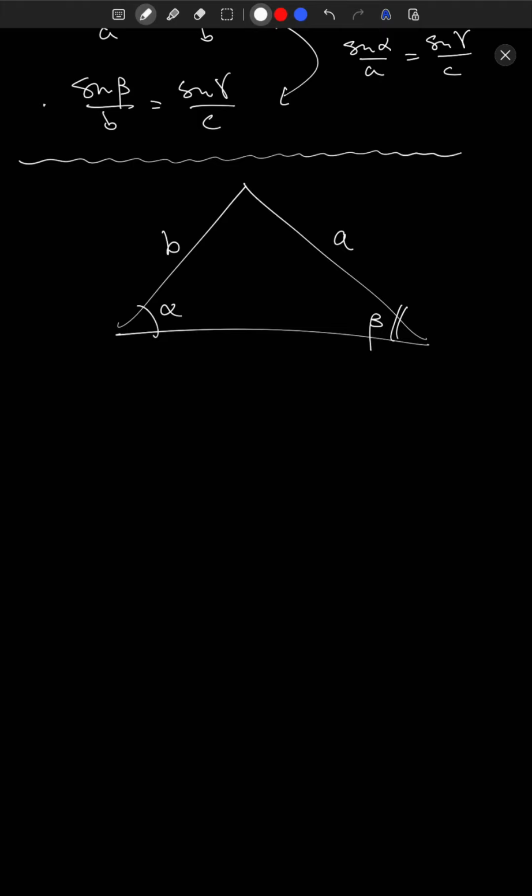Okay. So what I want to show is true. I want to verify that sine of alpha over A is equal to sine of beta over B. And the ones involving gamma, sine gamma over C, you can show in exactly the same way from a different point of view.